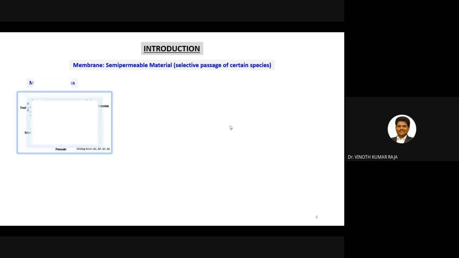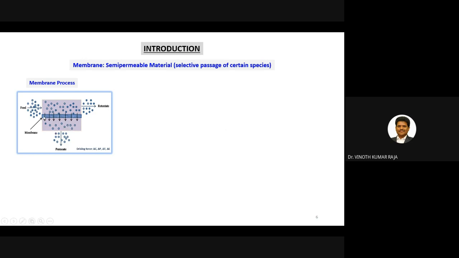Let us understand this by going through this diagram. You can see there are two regions: one is the feed region, and the other is the permeate region.